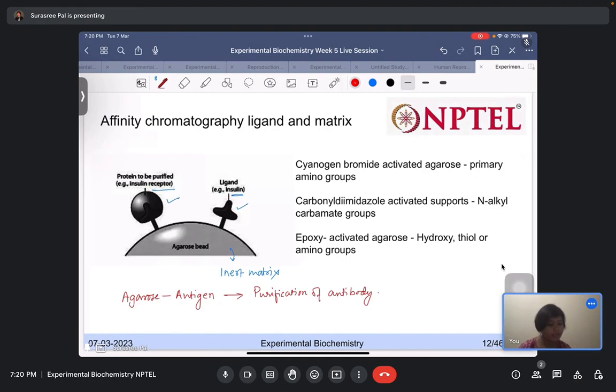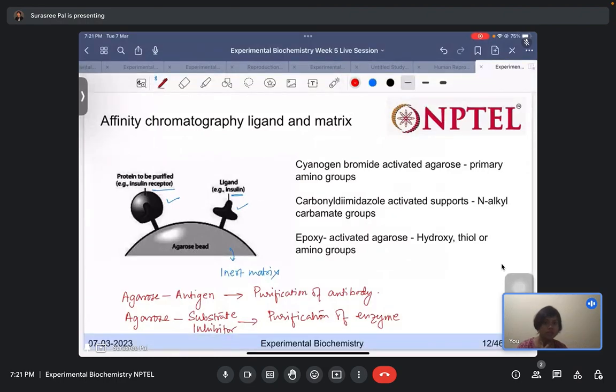And if we want to purify an enzyme, we can attach the substrate of the enzyme, or the inhibitor of the enzyme, to the agarose, so that we can purify the specific enzyme from the pool of proteins.